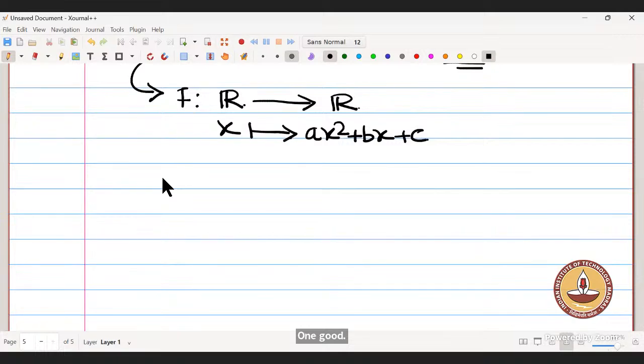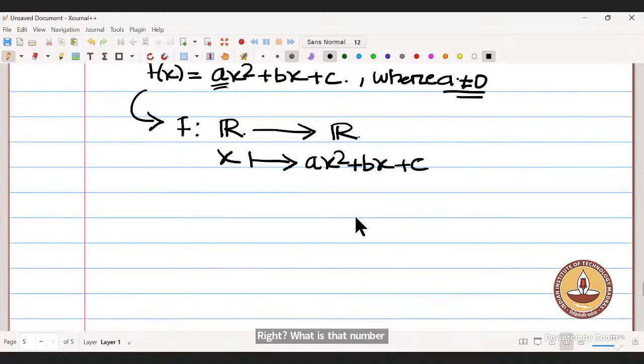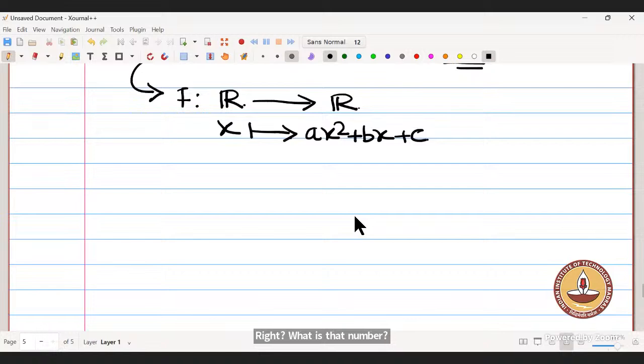So why? If I try to draw the graph of this polynomial, there are two possible cases, and those two possible cases depend on the sign of some number, right? What is that number? A. A, right? See this leading coefficient, right?